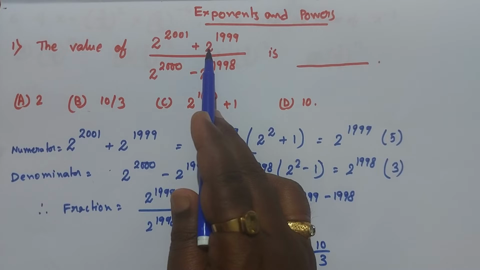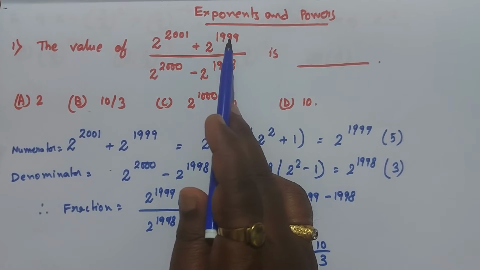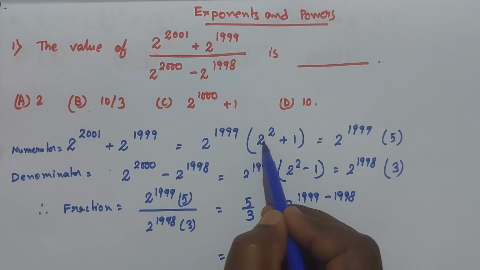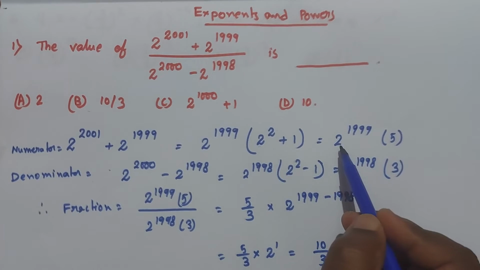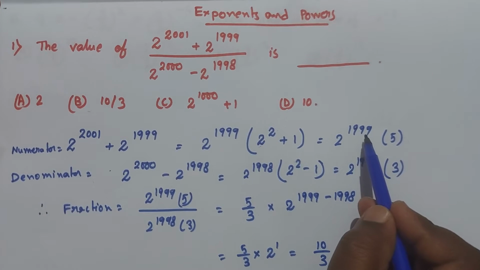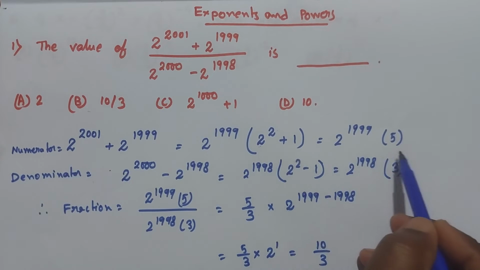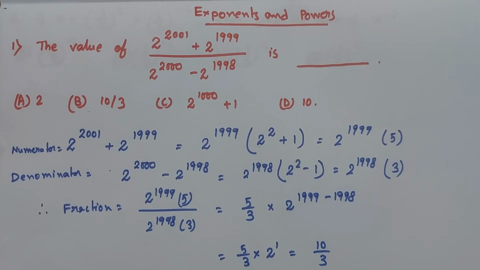First, in the numerator we can take common 2 to the power 1999, as you can see here I have taken common. So this is 2 square plus 1. This equals 2 to the power 1999, now 2 square is 4 plus 1 is 5. Next is the denominator.